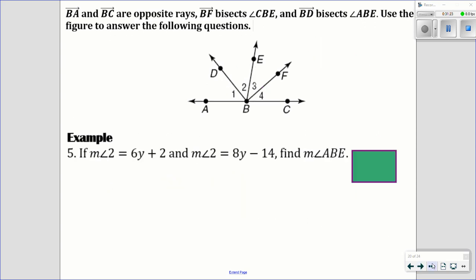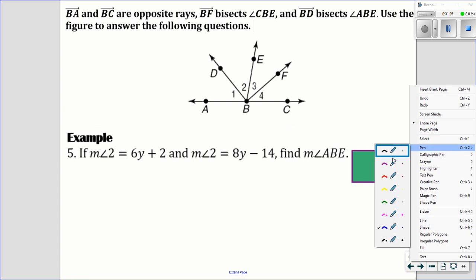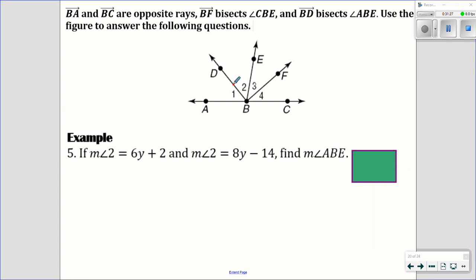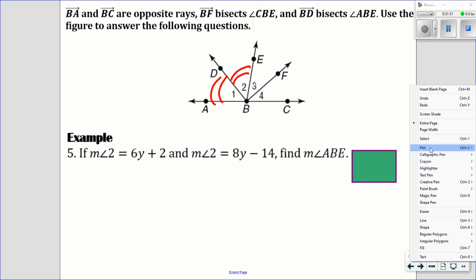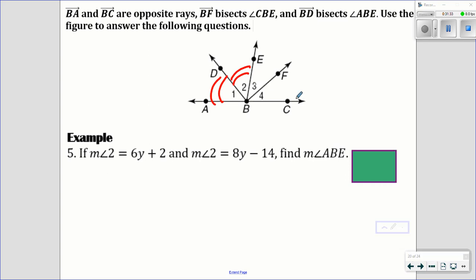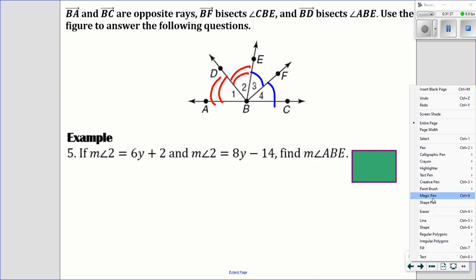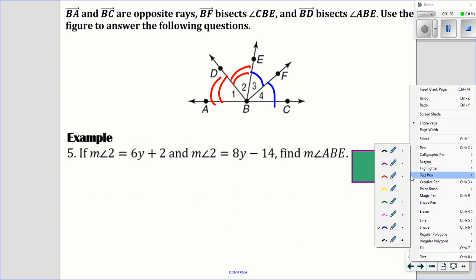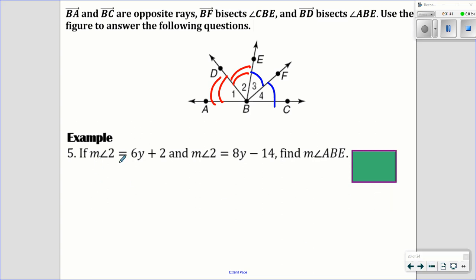Alright, this one's same thing as before, so I'm just going to label, same diagram, same information. So now they're saying if angle 2 is 6y plus 2, and then angle, that's weird.